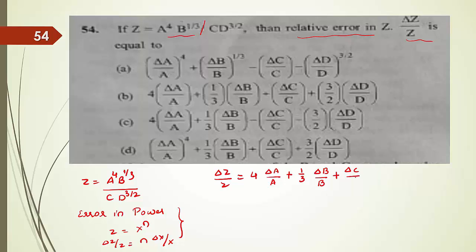So delta C over C plus 3 by 2 delta D over D. Is it clear? Now tell me which is the right answer here. So delta Z over Z equal to 4 delta A over A plus 1 by 3 delta B over B plus delta C over C plus 3 by 2 delta D over D means option B is right.